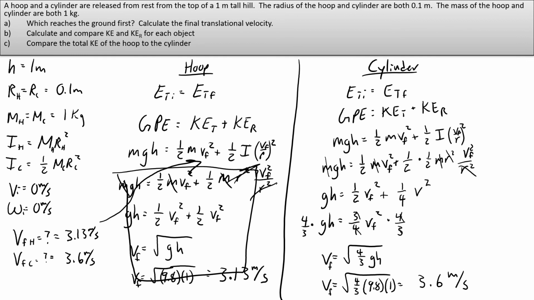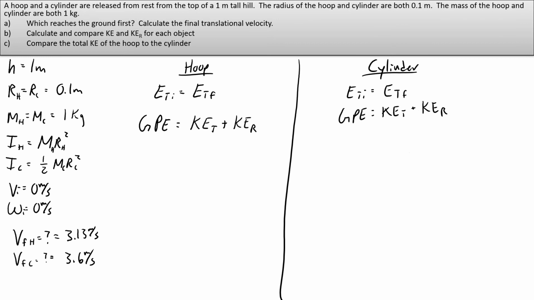But you could think of it that way. We're going to do part B, where we compare the translational kinetic energy and the rotational kinetic energy for the hoop and then for the cylinder. I'm just going to make some room here, and maybe I'll color coordinate things. Now I'll use subscripts for the hoop and the cylinder.